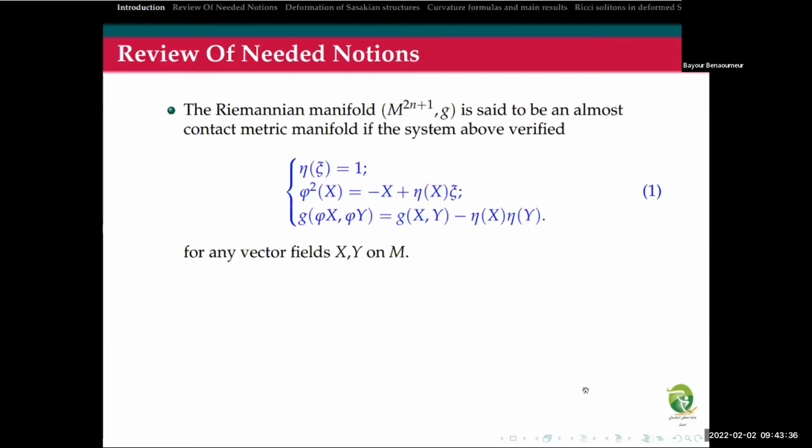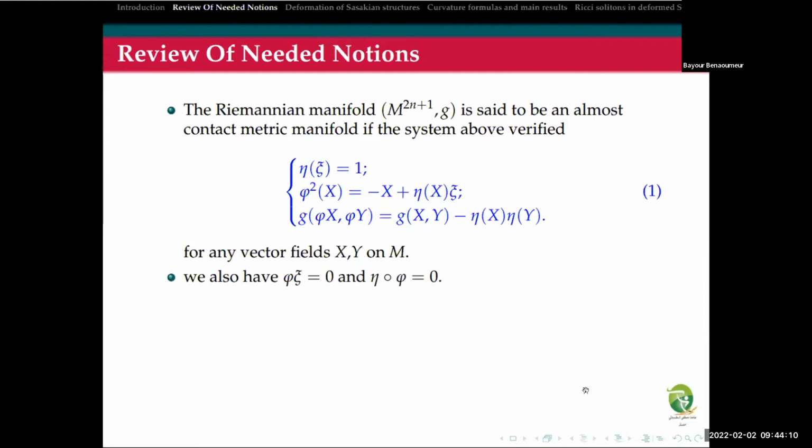Review of needed notions. An odd-dimensional Riemannian manifold (M, g) is said to be an almost contact metric manifold if there exist on M a (1,1) tensor field phi bar, a vector field xi, and a one-form eta such that system 1 is verified.